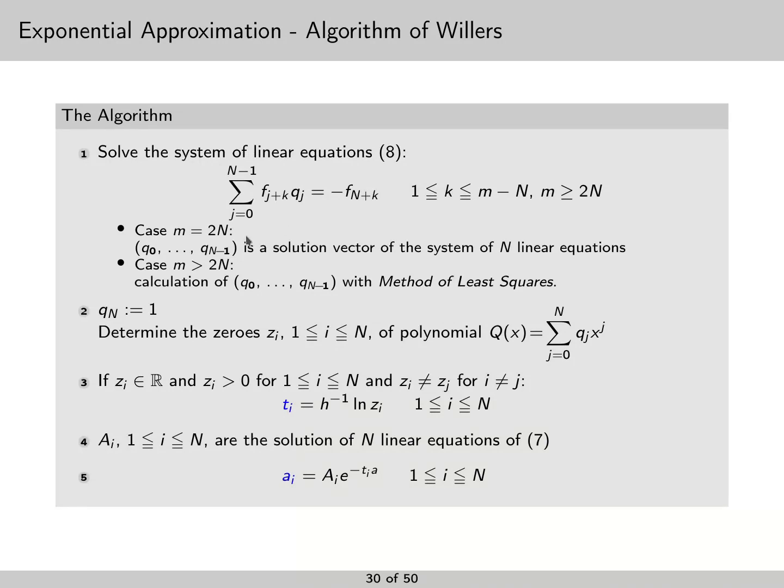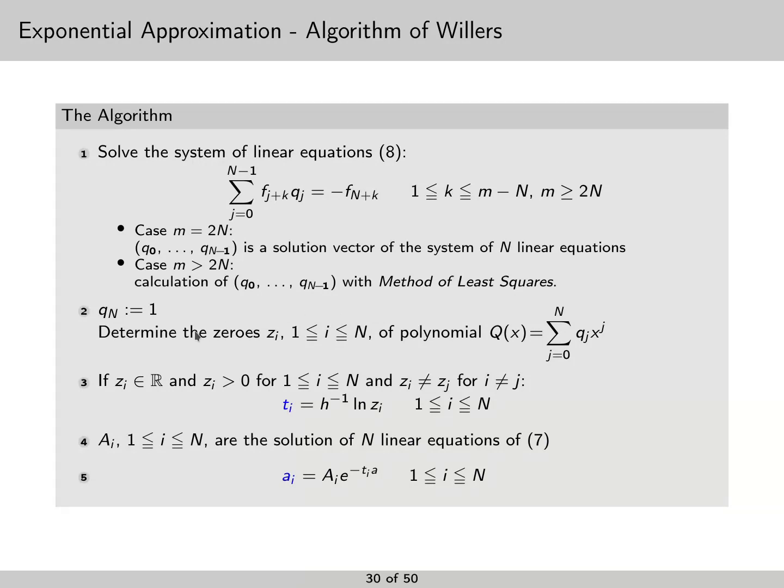If m is equal to 2n, the q_i are the solution of a system of linear equations. If m is greater than 2n, the q_i are calculated using the method of least squares. The existence of a solution is not guaranteed. If there is no solution, the algorithm terminates with failure.